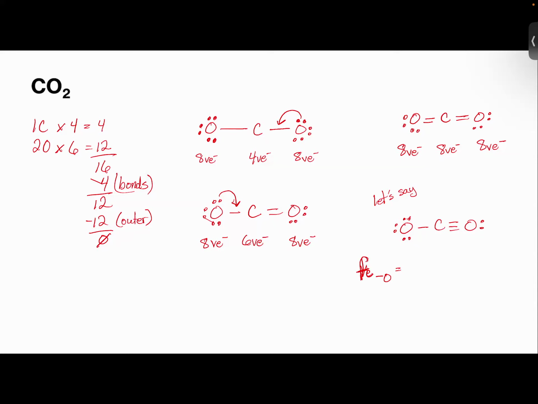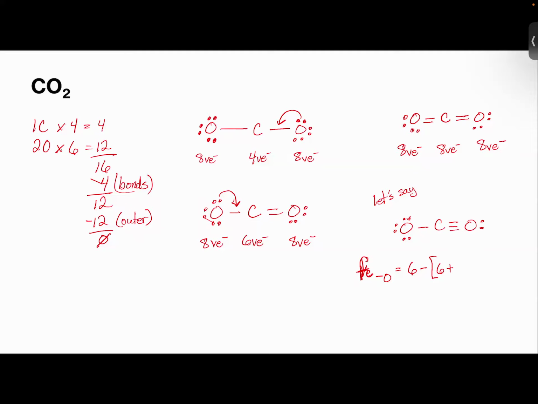The formal charge for our single bonded oxygen is going to be the number of valence electrons minus 1 for every electron in the lone pair, so that's 6, plus 1 for every bond.